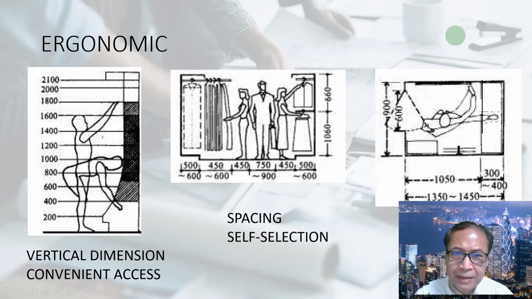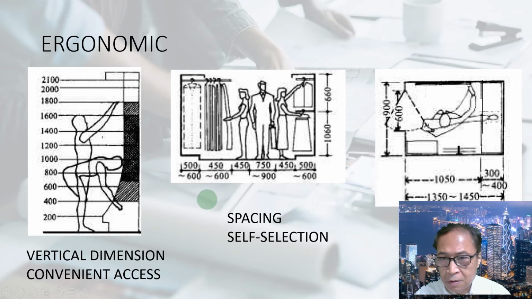Ergonomics means the desire for comfort and efficiency in a working or living environment. The most concerning dimensions are mostly spacing, dimension, and environmental comfort. But mostly concerning spacing. You see, this is the vertical dimension for convenient access of wall display.